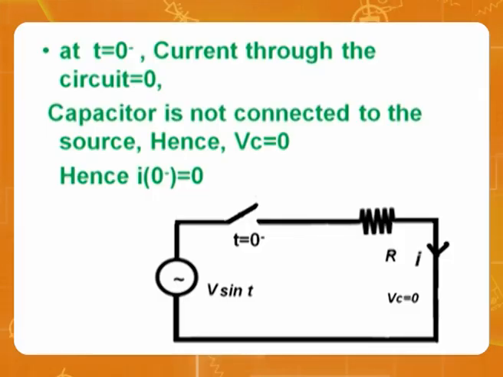Now, let us see what happens. At t0 minus, the switch was open. When the switch is open, the capacitor is not connected to the source. When the capacitor is not connected to the source, it could not develop any voltage.